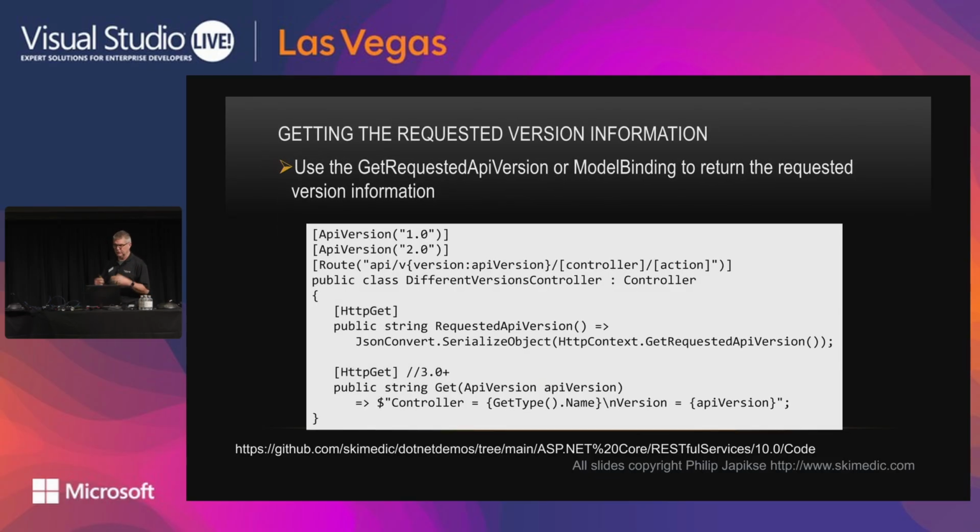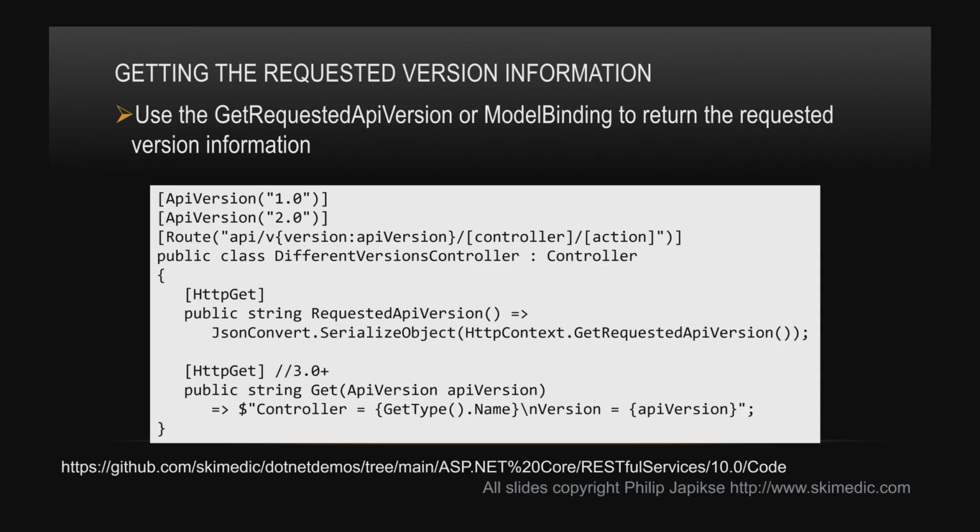All right, I have this version neutral thing, or I version interleaved, and I want to know what version they called in with. I have a couple options here. One, we can use model binding. That's down here where I have API version, right? That's just a variable name. That's the type.